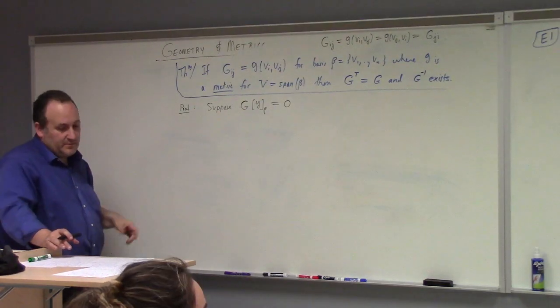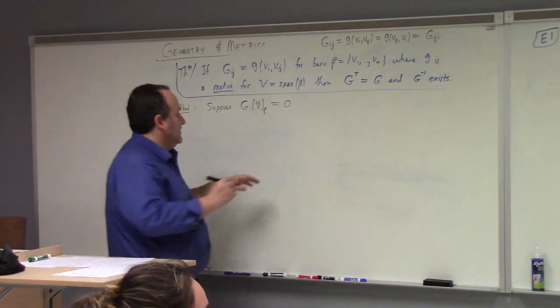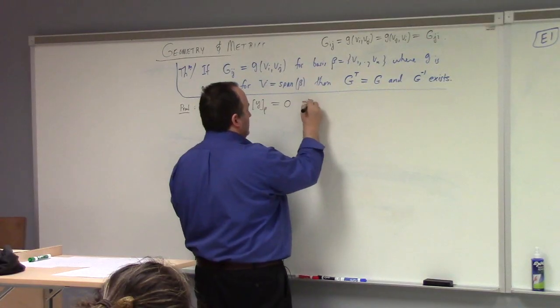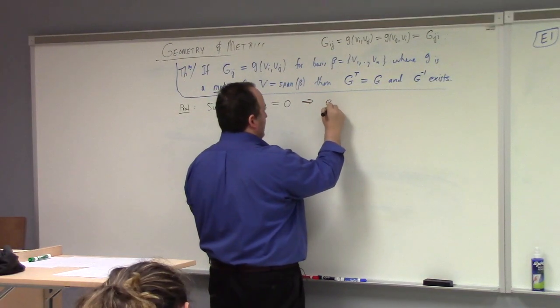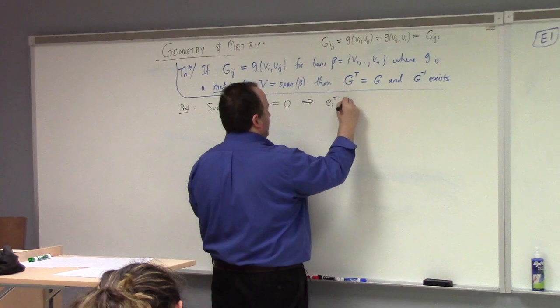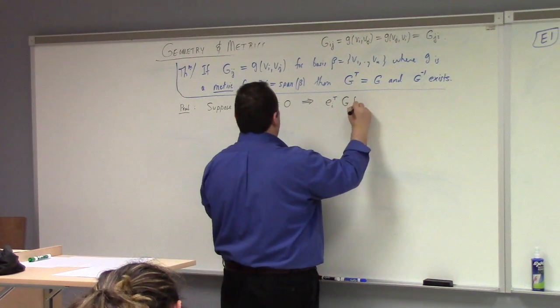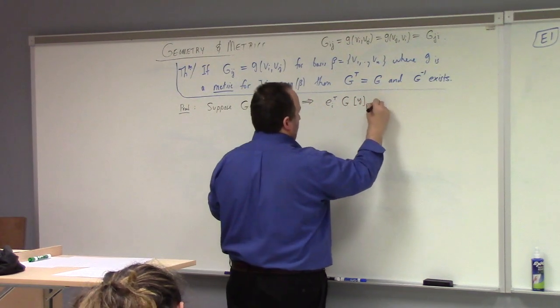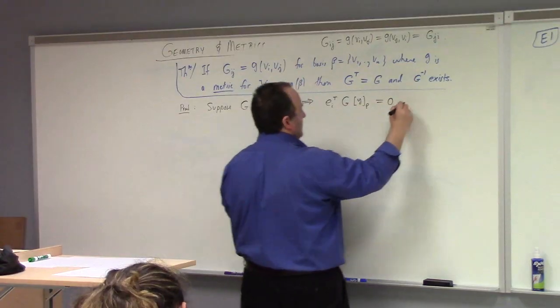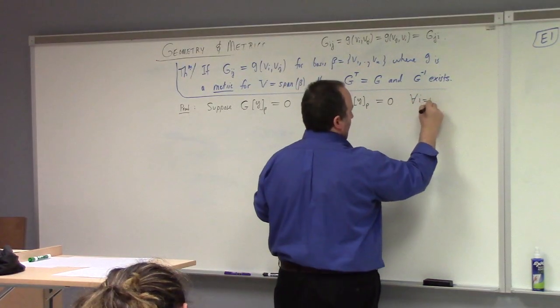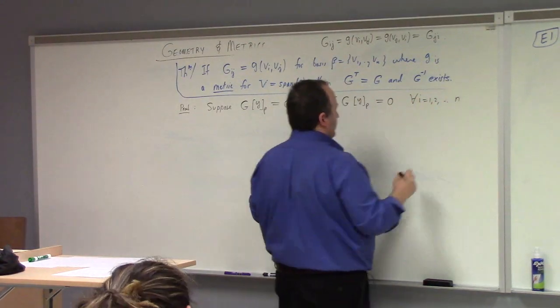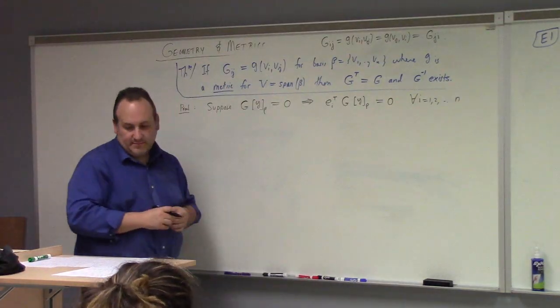All right, so look, this implies that e_i transpose times G times the y vector is equal to 0, right? For all i. I hope you can agree with that.